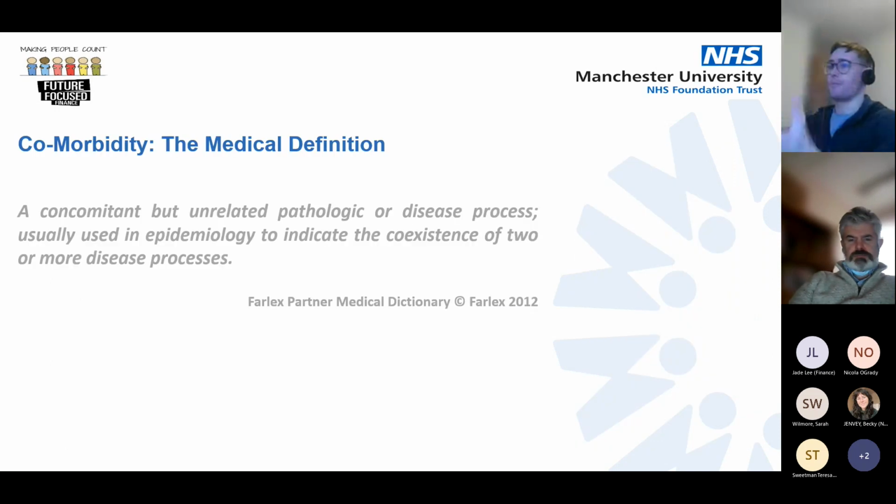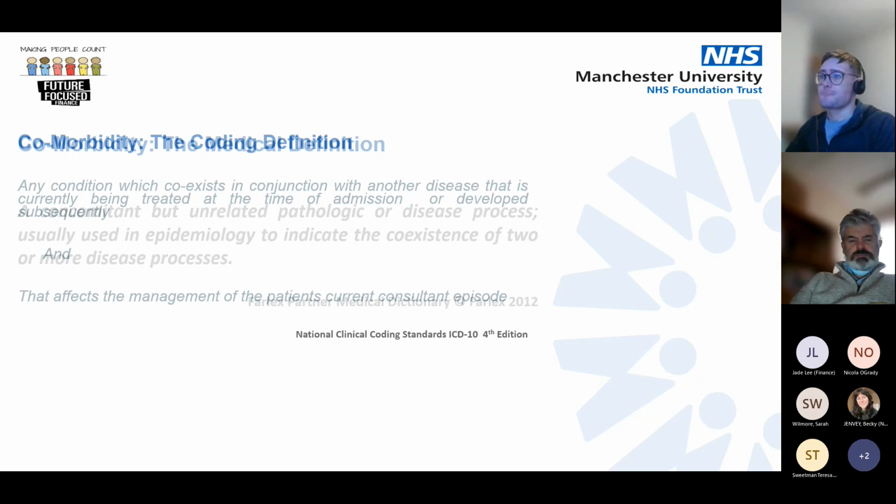So we're now going to move on to comorbidities, and you'll find that I harp on about comorbidities an awful lot, because when we're talking about HRGs, comorbidities are really where the battle is lost and won, because they're big drivers toward your complexity. Farlex describes it as a concomitant but unrelated pathological disease process, usually used in epidemiology to indicate the coexistence of two or more disease processes.